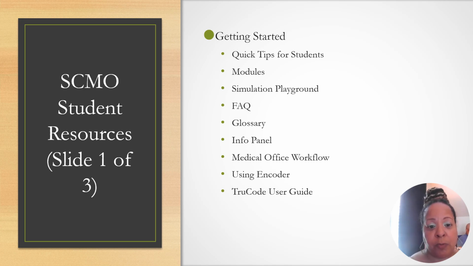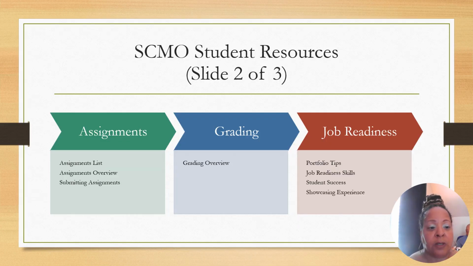All right, you have your modules. You have your simulation playground where you can play around and figure out how it works. You have your FAQs, which are frequently asked questions. You have your glossary, your info panel, your medical office workflow using encoder, and your TrueCode user guide. Assignments: you have your assignments list, assignments overview, and then submitting assignments.